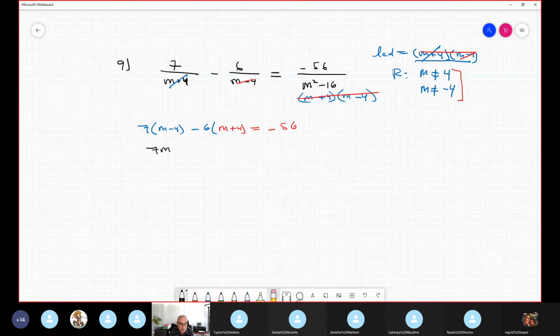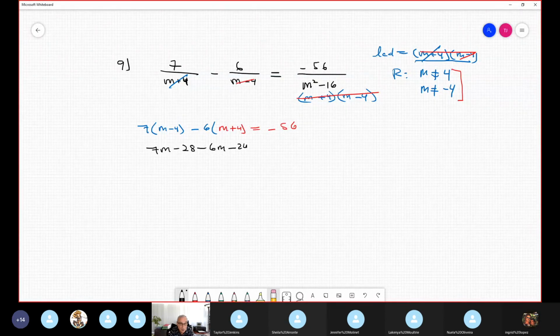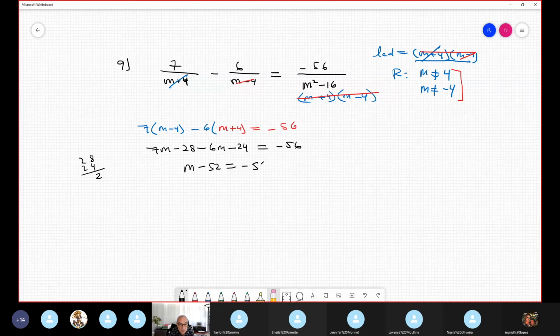The rest is easy. Distribute the property: 7m minus 28 minus 6m minus 24 is equal to minus 56. We combine 7m and 6m as 1m. Then 28 and 24 give 52, so m minus 52 equals minus 56.